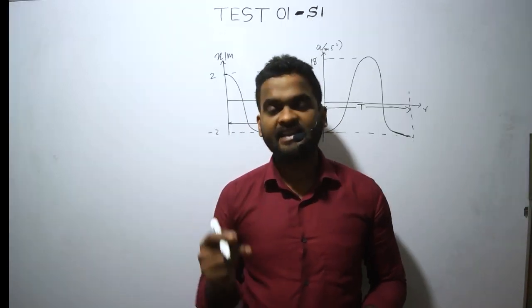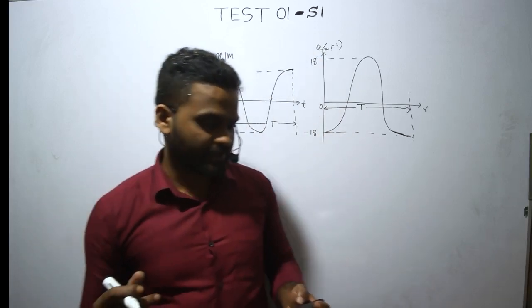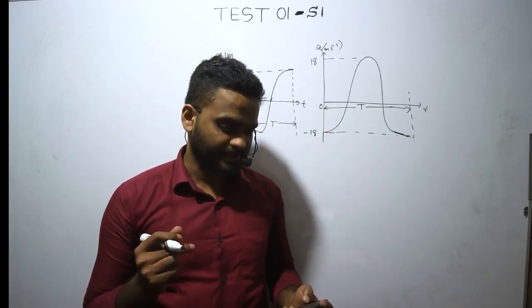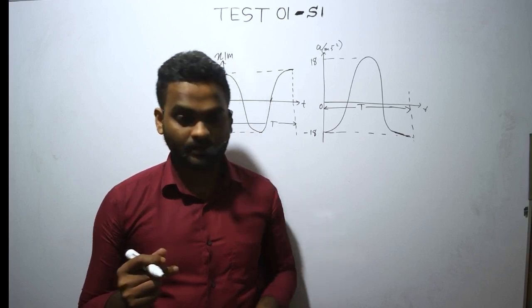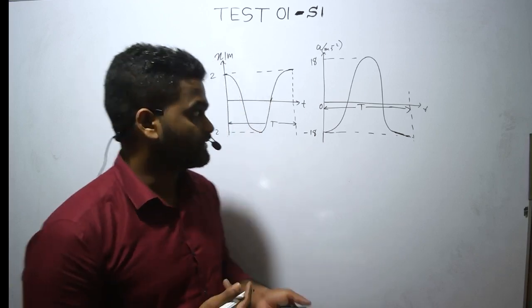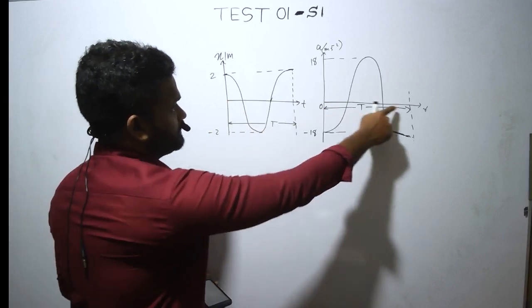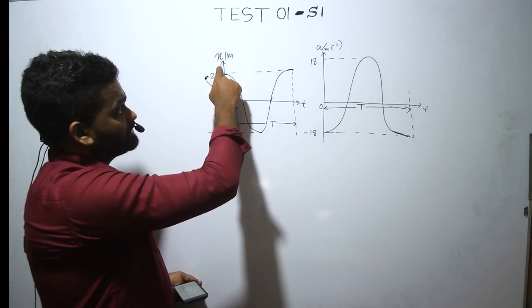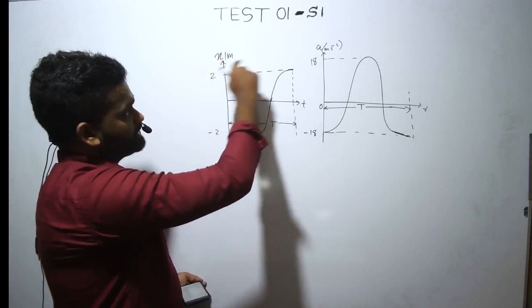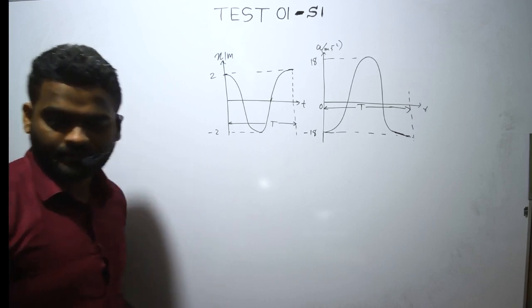Right. 10th question. Graphs below show the variation of displacement and acceleration with time. Value of time period in seconds is, okay, so they're asking about time period, right? So time period here, this one. Here also time period capital T. They have given the variation of displacement and acceleration against time graphs, right?